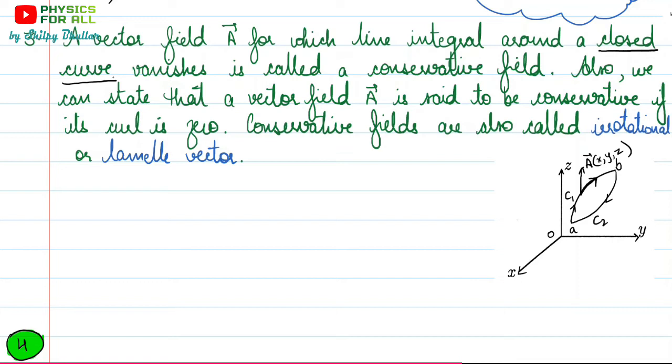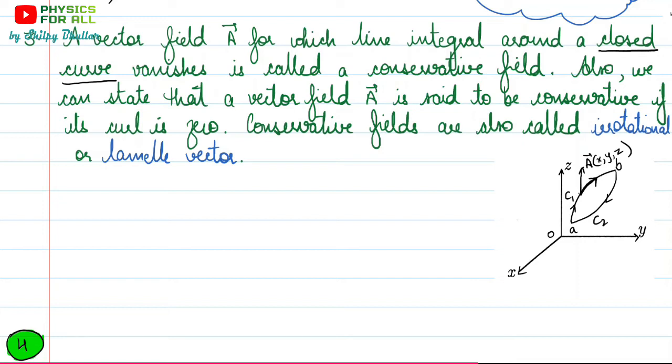Now, this third definition stated something about a closed curve, so let's discuss. We know that a conservative field depends only on initial and final points. So A and B are our initial and final points. But here we are not assuming that we already know it is a conservative field. We would prove that the value of the integral comes out to be 0, and if that happens, then this vector field A is conservative.